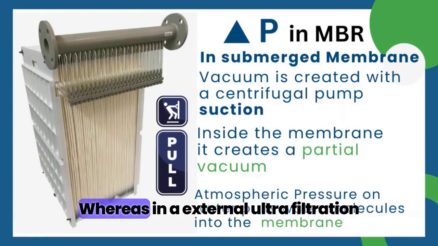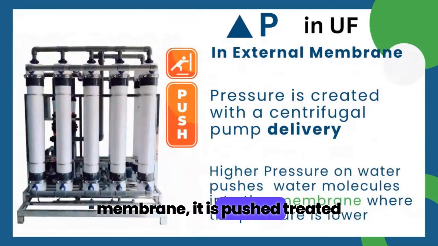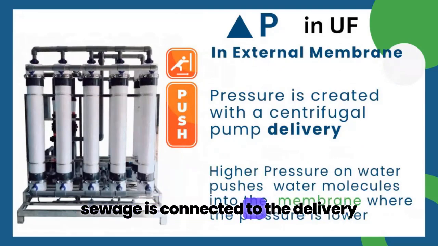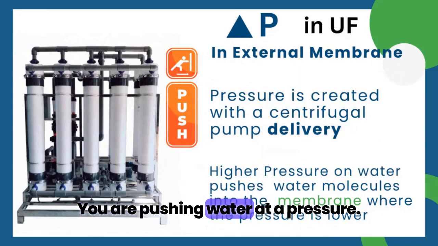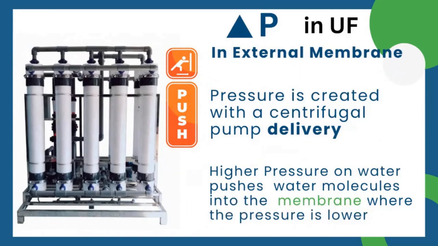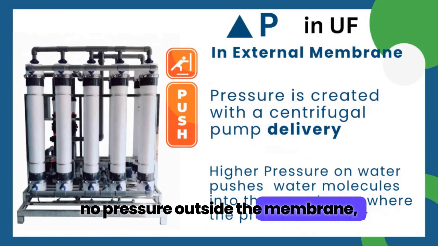All right. Whereas in an external ultrafiltration membrane, it is push. Treated sewage is connected to the delivery side of the centrifugal pump. You are pushing water at a pressure. When you are pushing water inside the membrane, there is no pressure outside the membrane. Inside the membrane, there is pressure.